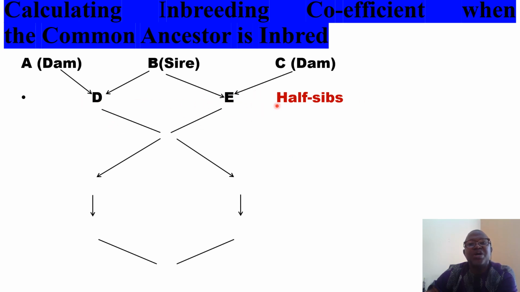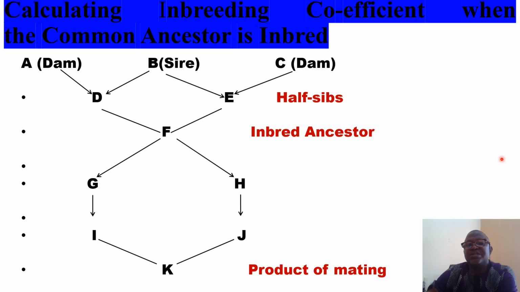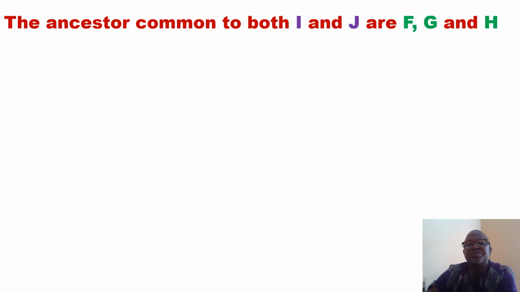So when the two half sibs mate, they produce another offspring, which is F. F is inbred because half sibs led to its production. So if the inbred ancestor F mated with G and H to produce I and J, we want to calculate the inbreeding coefficient of K, which is the product of the mating. Let's be mindful that F is the inbred ancestor.